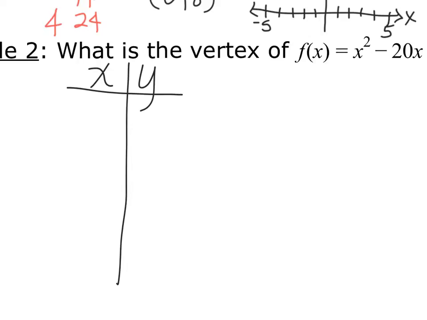Plus 113. The constant term. All right. Here we've got 94, 77, 62, 49 for our y values, right? So keep going down. Let's see if we can find where it turns. Let's see if we can find the middle, the symmetric part of this function.